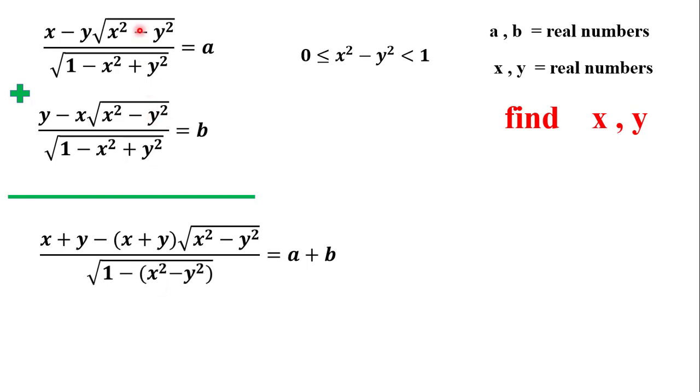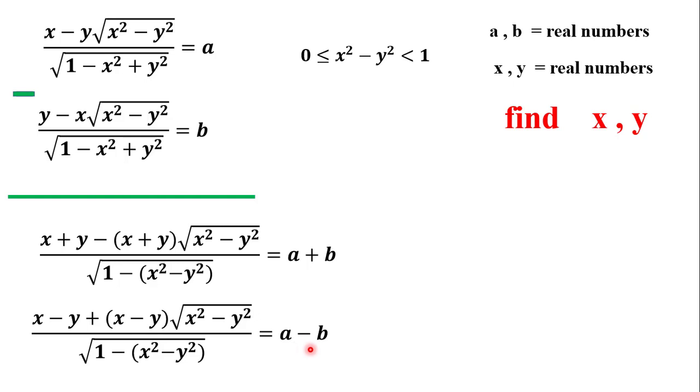Also, we can subtract these two equations. So we're going to get a minus b equals (x minus y plus x minus y) times square root of x squared minus y squared over square root of 1 minus x squared plus y squared.